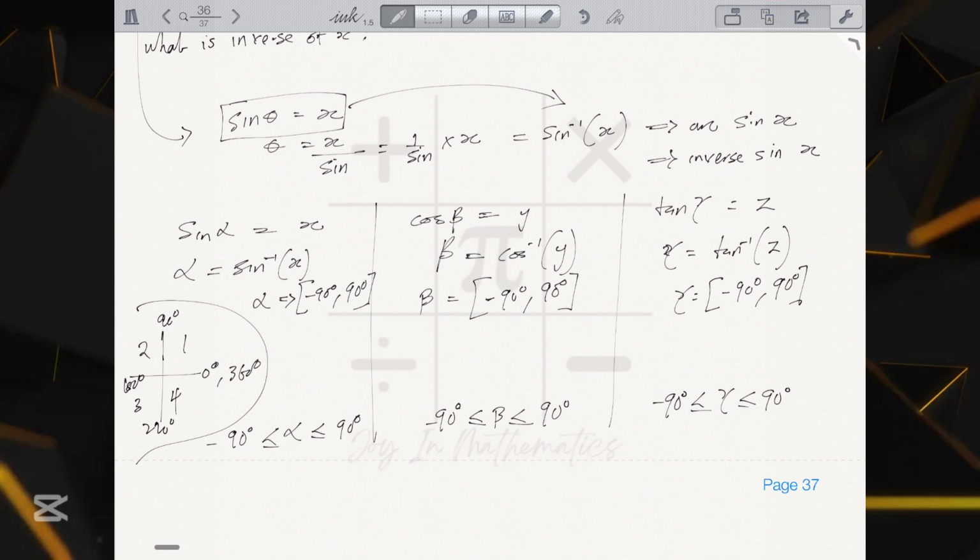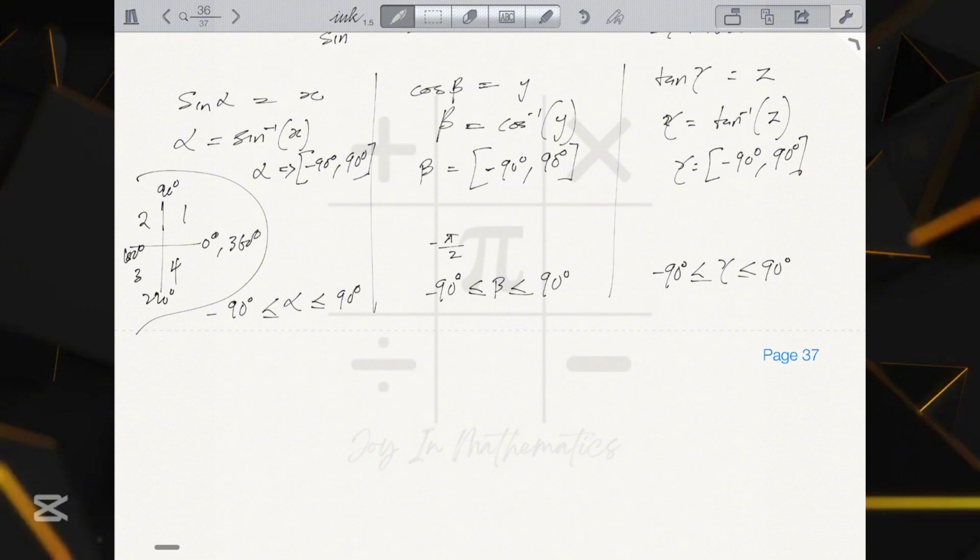Now, in some textbooks, you will see that it is written as minus pi over 2. Why is it pi over 2? Remember from our first lesson video, where we introduced ourselves to trigonometry, that 2 pi radian, where we're converting from radian to degree and from degree back to radian, is equal to 360 degrees.